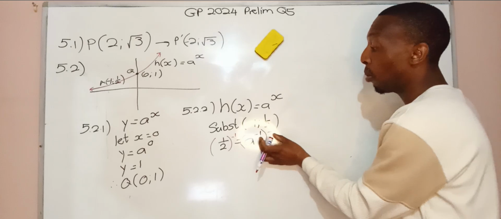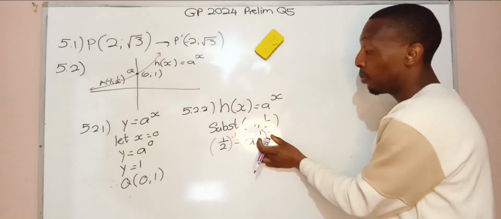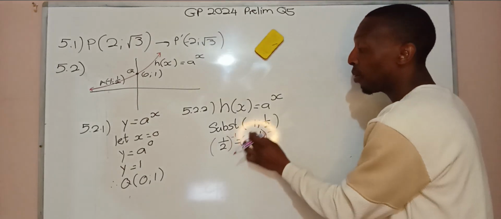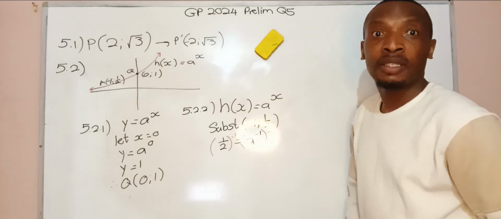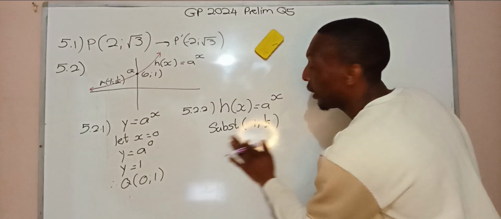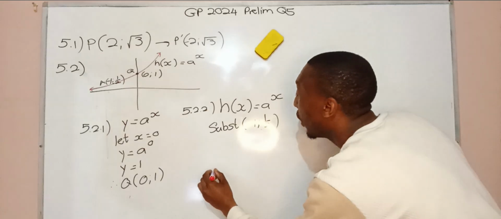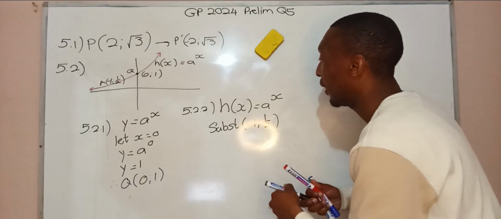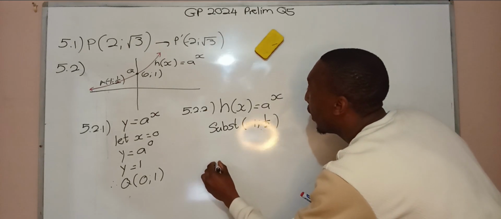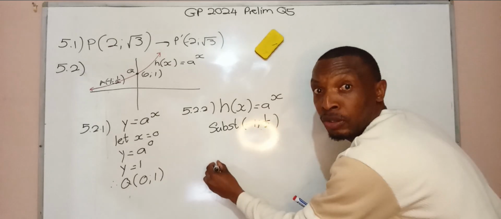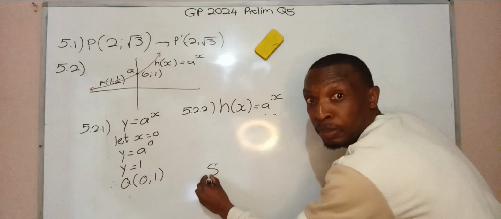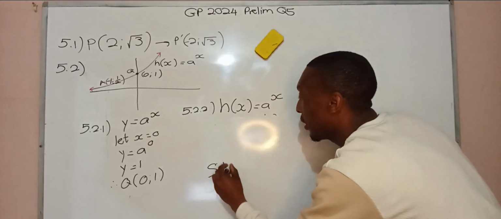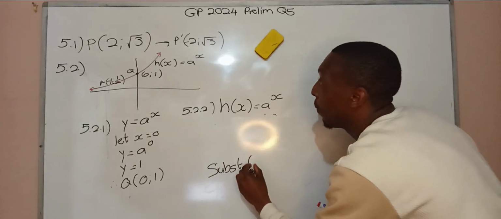If you have a power raised to another power... I wonder if you can see that because of the glare. Okay, let me write it slightly lower. Can you see the substitution? No, you can't. Okay, so yes, substitute (-1; 1.5).